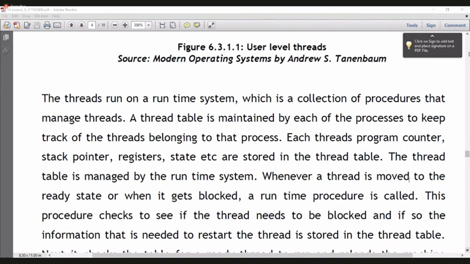Whenever a thread is moved to the ready state or gets blocked, the runtime procedure is called. This procedure checks to see if the thread needs to be blocked, and it stores all the information that is needed to restart the thread. If you are blocking something, you need information when you want to restart. So you have to store them in the thread table.